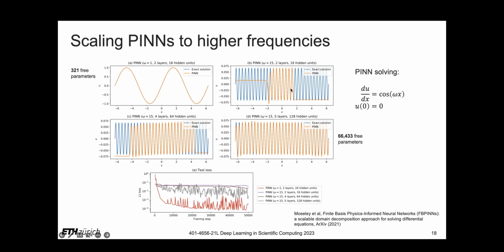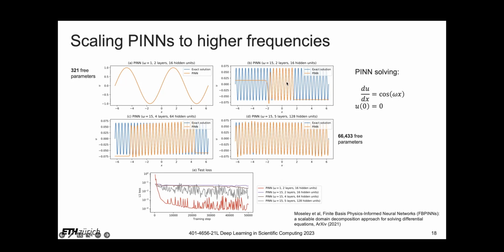Remember, the PINN is not fitting a sine wave, it's fitting this weird function composed of activation functions. For example, when you have a ReLU activation function, you can think of the output as a piecewise linear fit of the thing that you're trying to model. The number of linear segments depends on the number of parameters of the network. So if I've only got about 300 parameters here, I can maybe only piecewise fit 4 or 5 of the cycles of the solution. And I'm going to need to add more parameters to be expressive enough to model it.